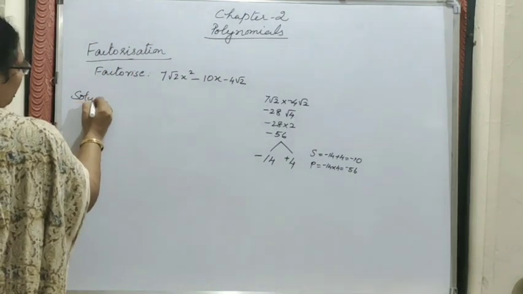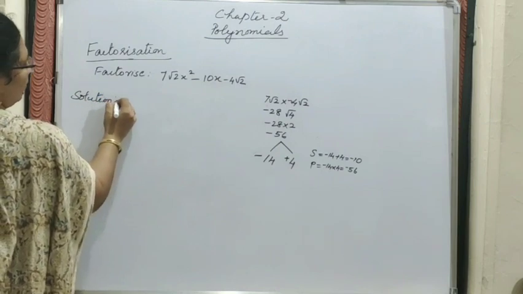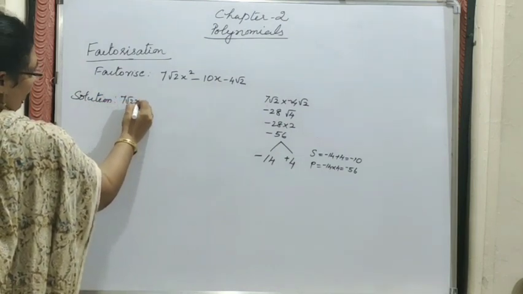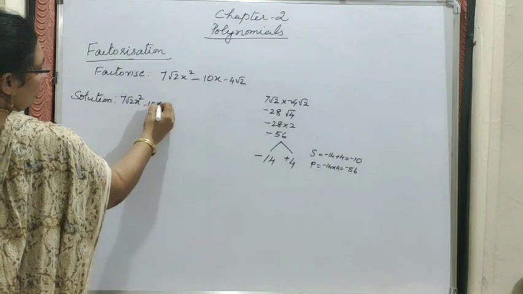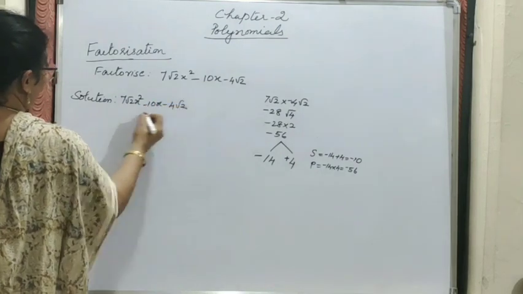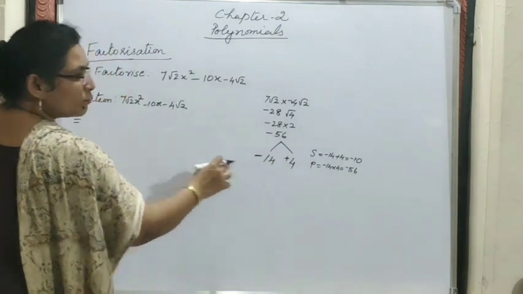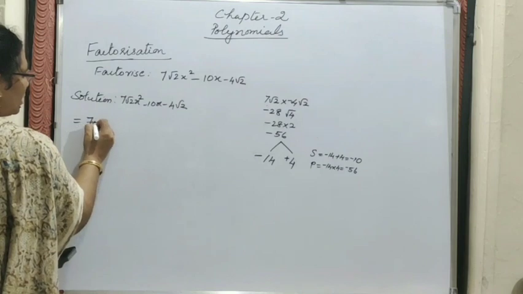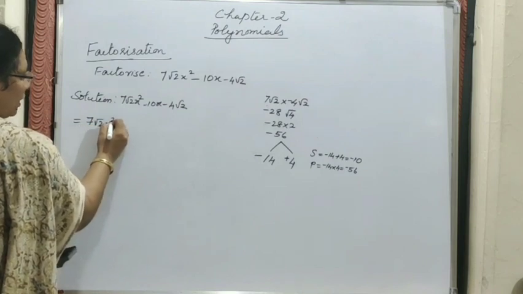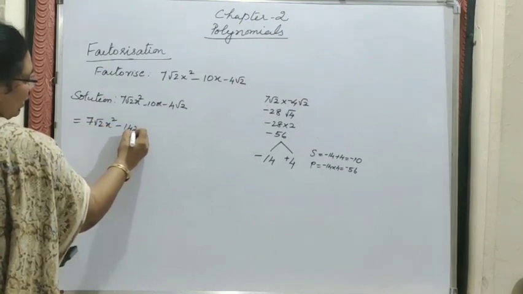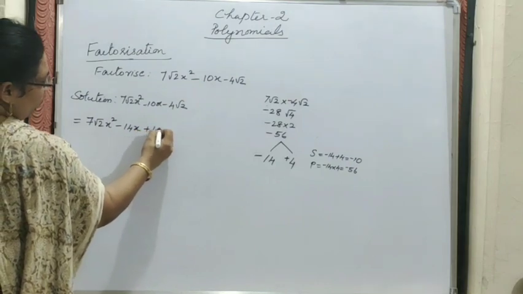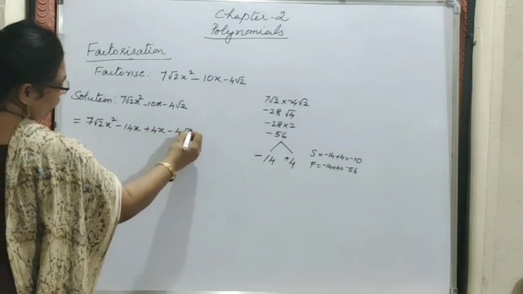Solution. Again the question: 7 root 2 x square minus 10x minus 4 root 2. Now what should we do? Split the middle term. That means minus 10x to be written as minus 14x plus 4x. So the first term, no change. 7 root 2 x square minus 14x plus 4x minus 4 root 2.